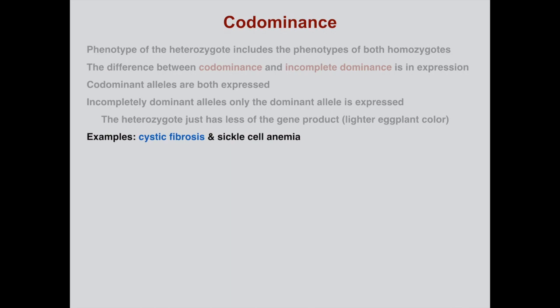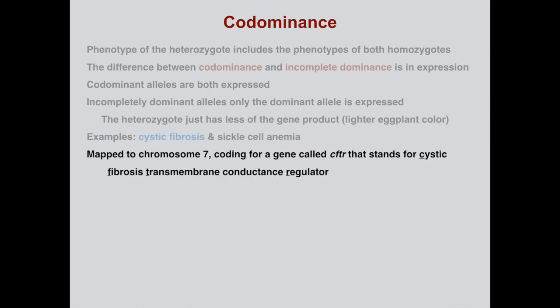Some examples of this exist in humans that are related to human health, such as cystic fibrosis and sickle cell anemia. The cystic fibrosis gene, cystic fibrosis transmembrane conductance regulator, CFTR, has been mapped to chromosome 7.